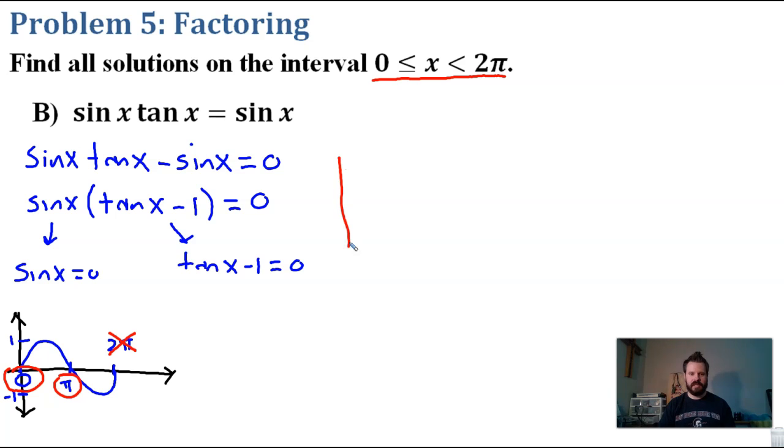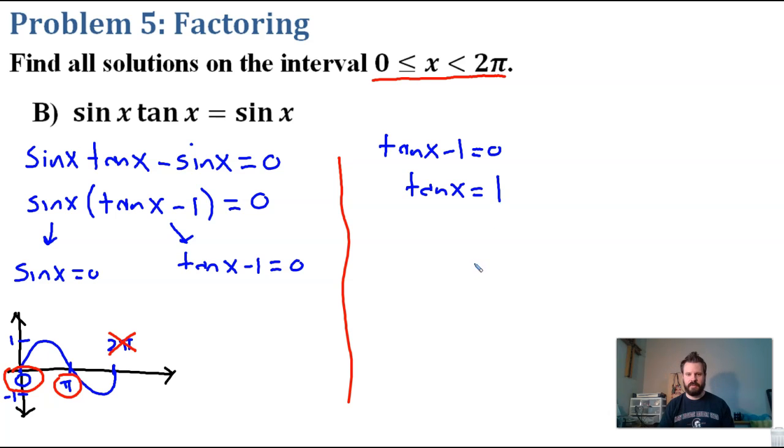Okay, next up, let's do the tangent x minus 1 equals 0. So tangent x is equal to a positive 1. I suppose there's two ways we could do this one. We can go to angles in standard position, thinking about this tangent x as 1 over 1.